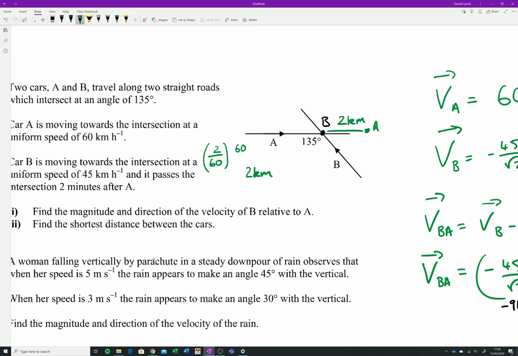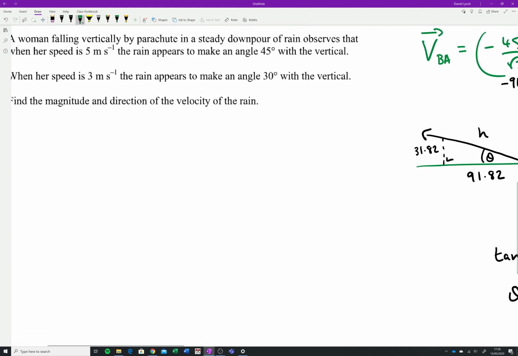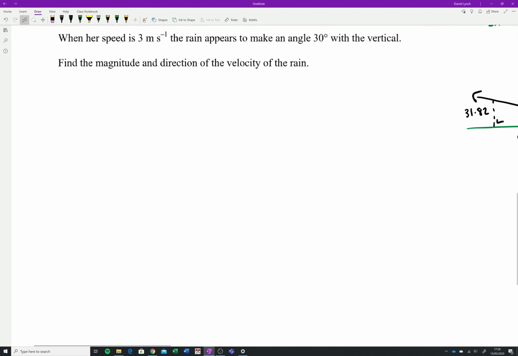That is its distance from A to B at that particular moment. Okay, let's do a little diagram of that now, and we'll use the bit that we had a second ago. I'll just do the diagram in black if that's okay. We've got B here, and we've got A perfectly in line with it, and we've got 2 kilometers.